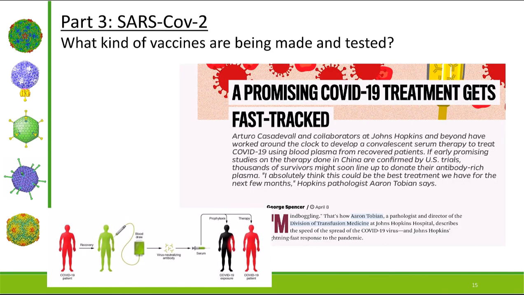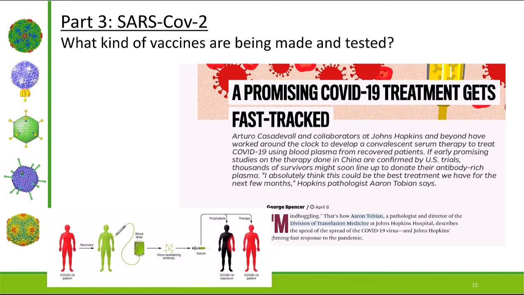Let's talk about what kind of vaccines are being made and tested for SARS-CoV-2. If you recall from day one, we said that there are two types of vaccines: active and passive. Passive tends to be antibodies or immune cells from a donor into a patient.